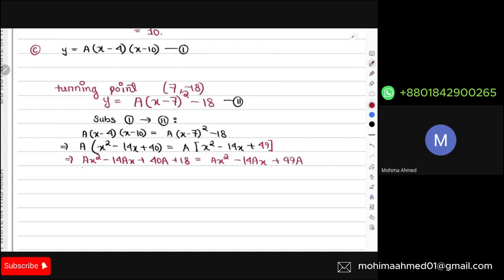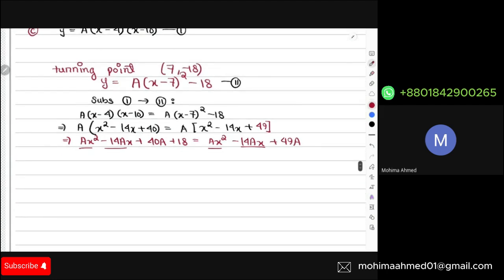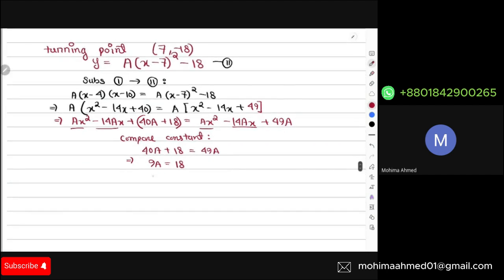I can clearly see that ax square balances out, and minus 14ax balances out. But if we compare constants of this equation, we have 40a plus 18 equals 49a. So if you write every a on the left hand side, we get 9a equals 18, and eventually you get the value of a as 2, right? 18 over 9 is going to give you 2.